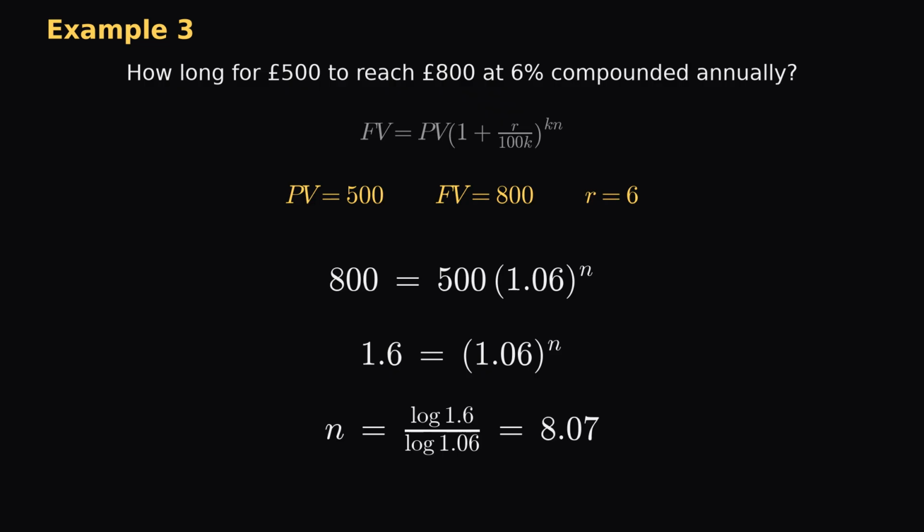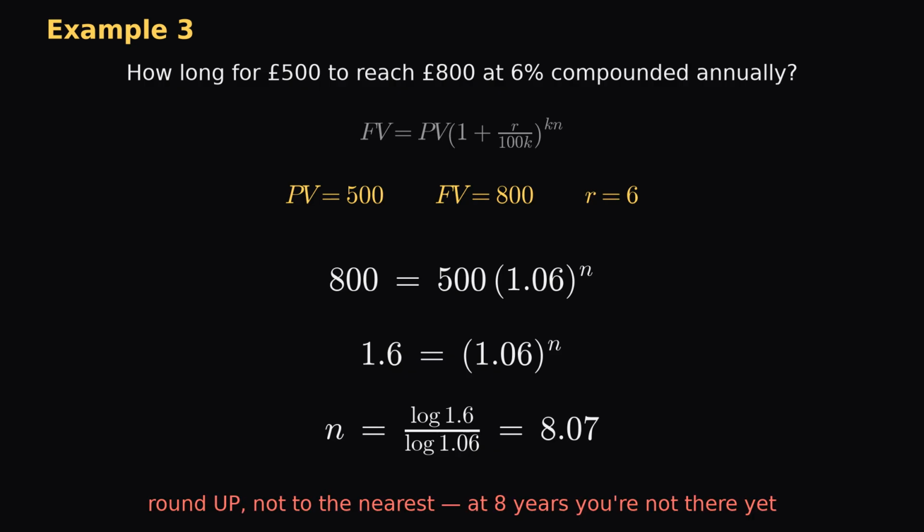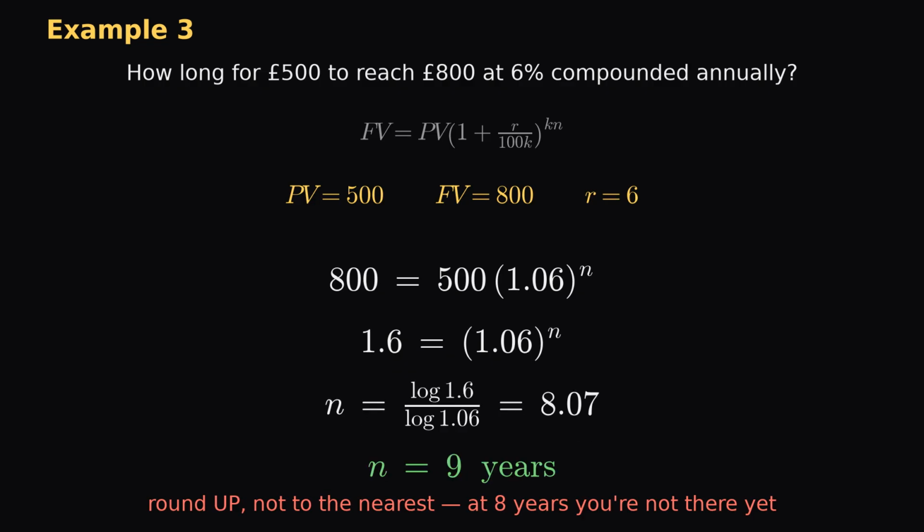To get n down from the exponent, take logs of both sides. N equals log 1.6 over log 1.06. That's 8.07. And here's the important bit. You round up, not to the nearest. At 8 years, you haven't got there yet. So the answer is 9 years.